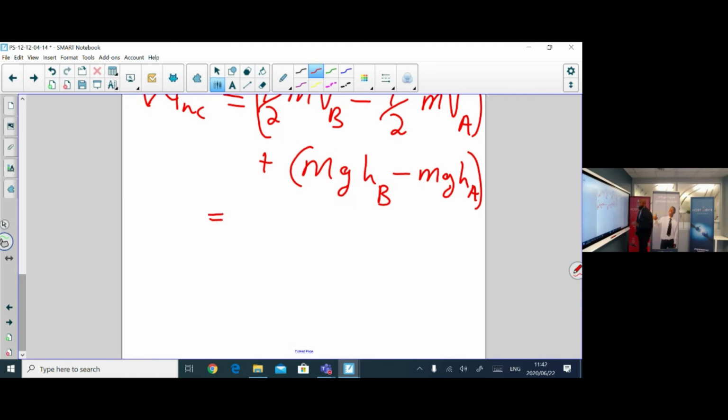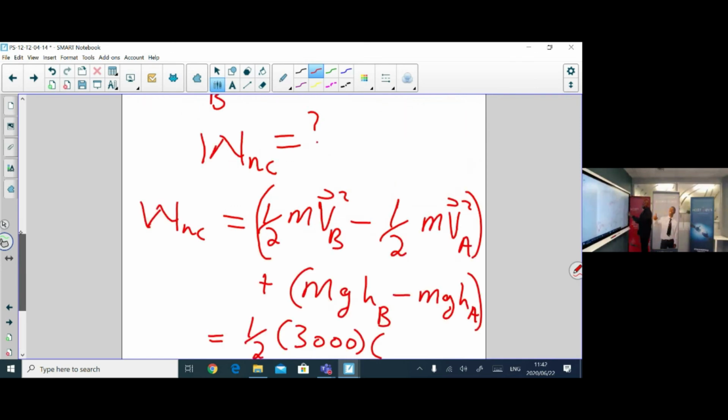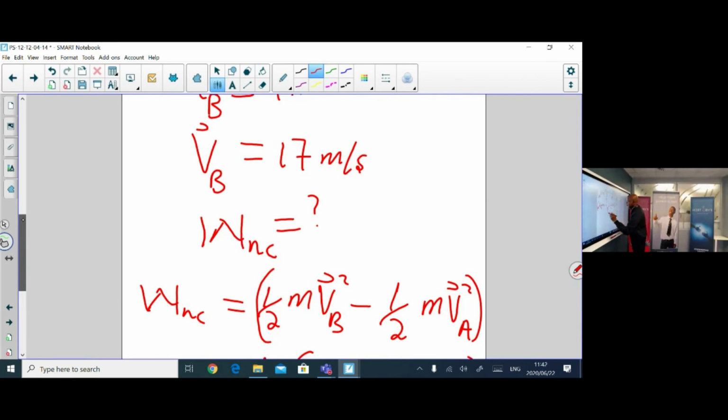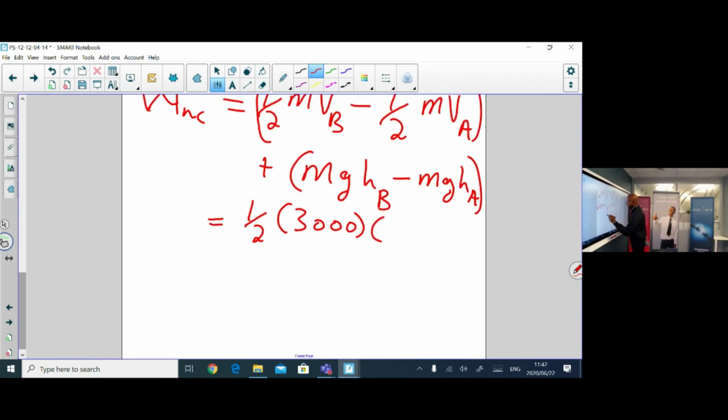Let us start with the values we have. Let me say half. The mass there is 3,000. Then velocity at B. Velocity at B is 17 meters per second, squared.